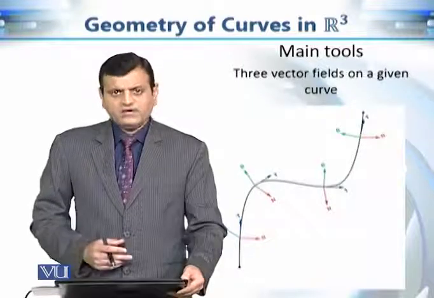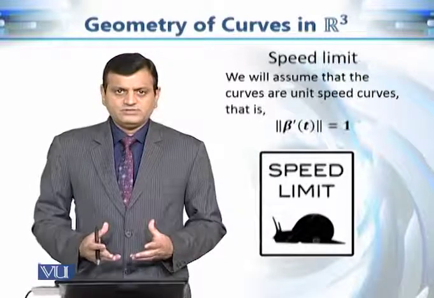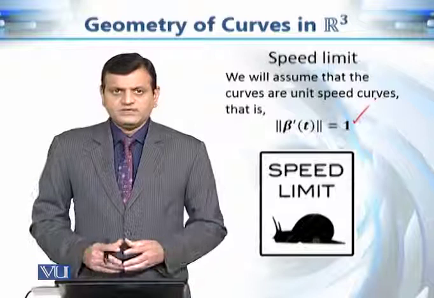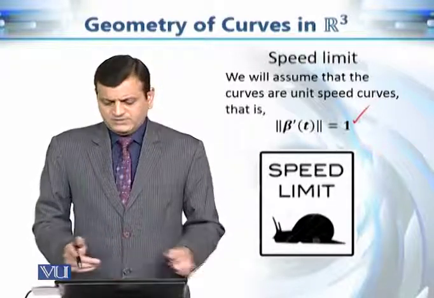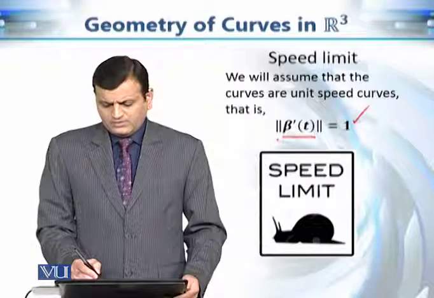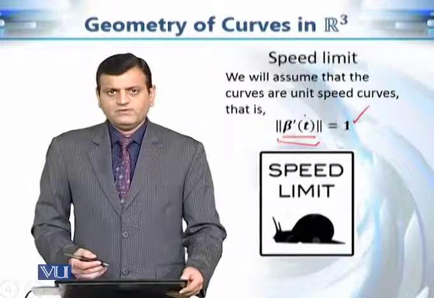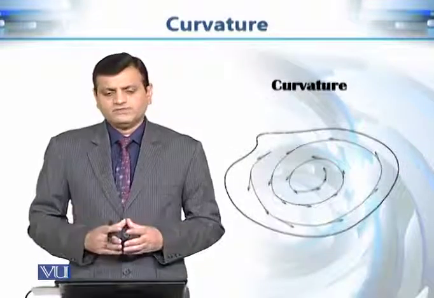So these are our available tools. Now there is a limit on our computations: we are only discussing curves that have unit speed. In other words, a curve beta is discussed only if the norm of its derivative is equal to 1, which is basically the speed, or the norm of the velocity. That is our condition for simplification of the calculations.